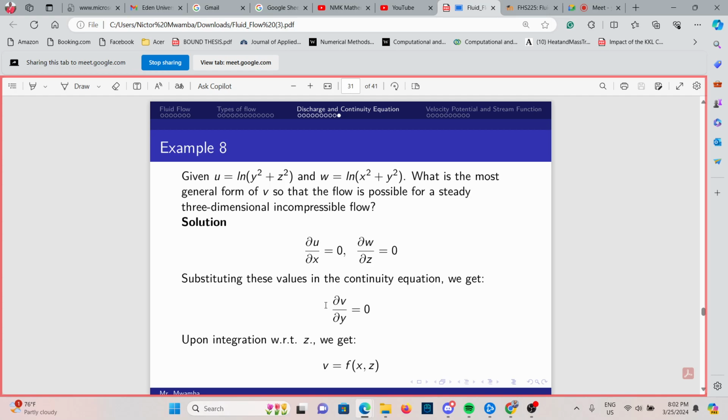That's why we're saying that the rate of change of this velocity with respect to the y direction must be equal to 0. Then integrating this, you get a constant or a function of x and z such that if you differentiate it with respect to y, which is not one of the variables for this function, you get a 0. And that's why we have that.